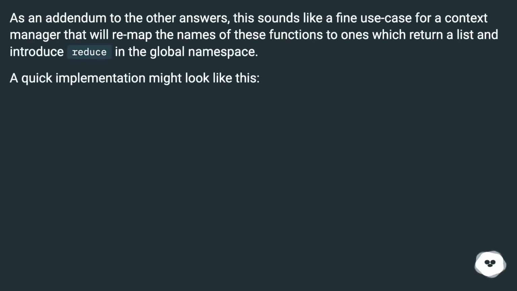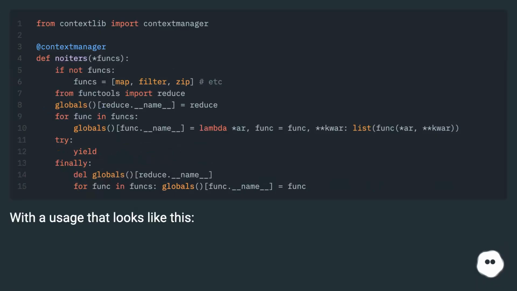As an addendum to the other answers, this sounds like a fine use case for a context manager that will remap the names of these functions to ones which return a list and introduce reduce in the global namespace. A quick implementation might look like this. With a usage that looks like this.